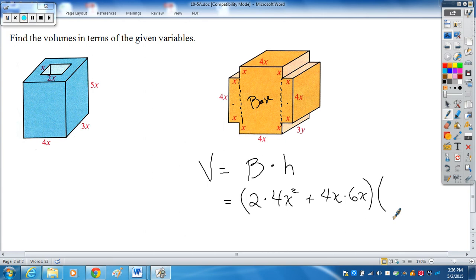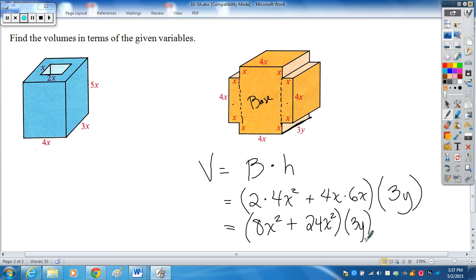Now, the height of this prism, as we said the last time we covered this with surface area, remains 3y, the distance between the two bases. Okay? Now, I work this out. I get 8x squared plus 24x squared, and I'm going to multiply that by 3y. Okay? Now, 24 plus 8 is 32, so you get 32x squared. We don't add the exponents when we're adding. If this was just 8x and this was just 24x, this would be 32x.